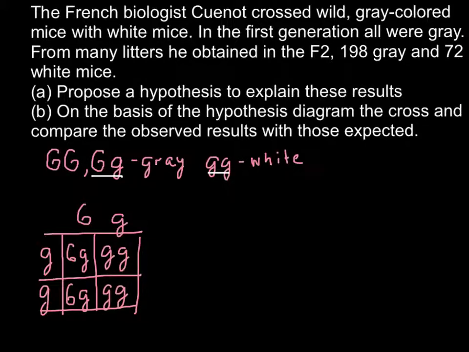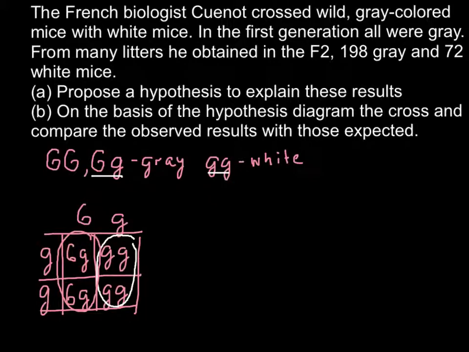So as you see, such progeny would be white colored 50%, and 50% would be gray colored, because capital G is dominant over the recessive small g, so color would be gray.